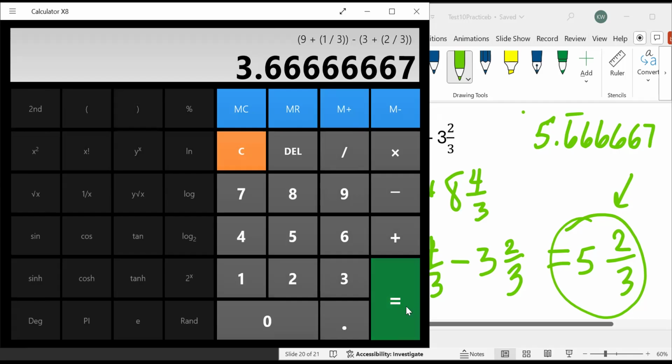Okay? And then you hit, let me see, we have a left parenthesis and a right parenthesis. So that's all of the first number. And it has a fraction there, so with a left and a right. And then the second number has a left and a right, and then the fraction has a left and a right. So they should all be balanced. So when I hit equals, it should come out as 5.66666667, like I said.